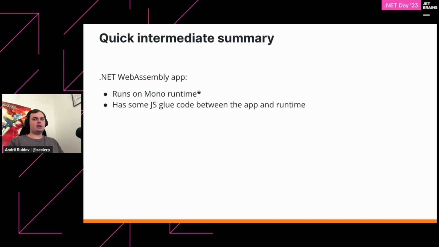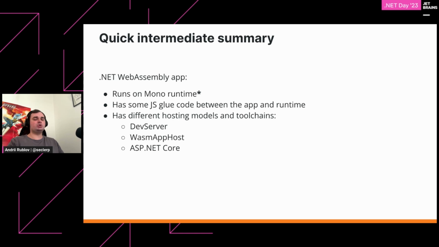As application developers, we can configure the runtime for the required behavior. And .NET WebAssembly applications can be distributed on different servers: the Dev server that comes with the NuGet, the WASM app host that we have in the new workload, and ASP.NET Core, your own ASP.NET Core backend that most likely you will create for your real project.